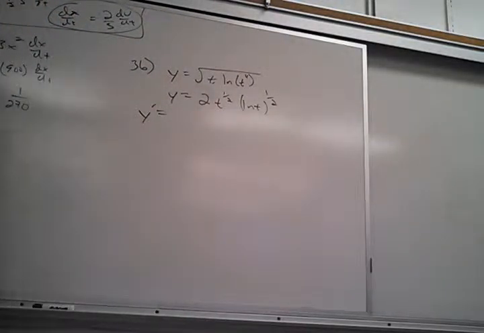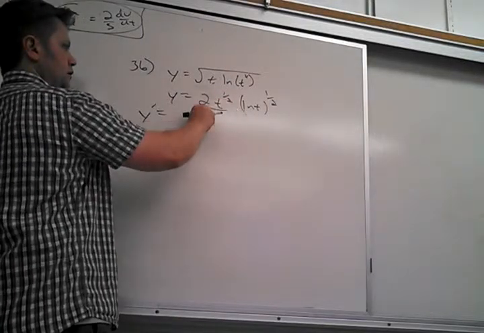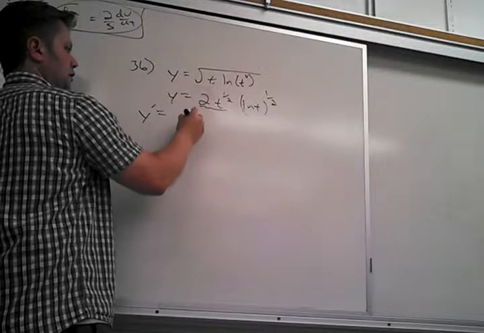Good. And that was because of the chain rule. The inside function is ln t, and the derivative of that is 1 over t.